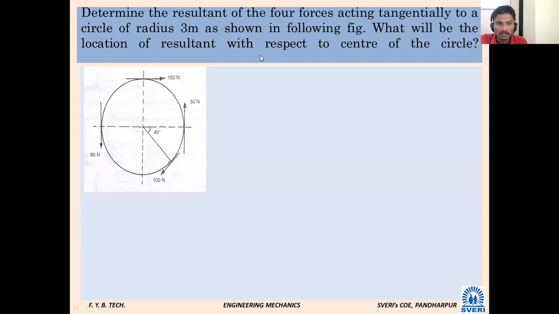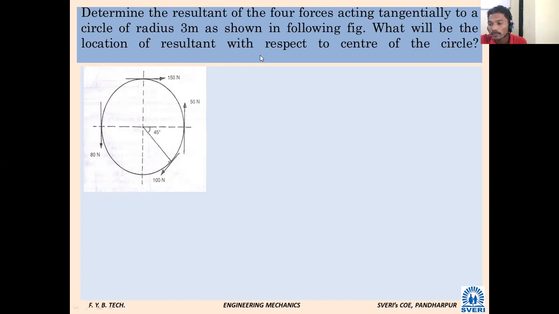Have you solved? No, sir. Roll number 29. No, sir. Roll number 35, Avinash. Yes, sir. Okay, have you solved? Yes, sir. What is your answer for resultant? 198.49.